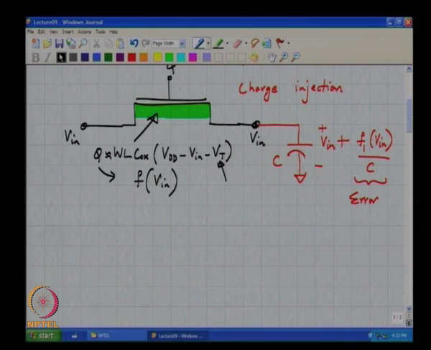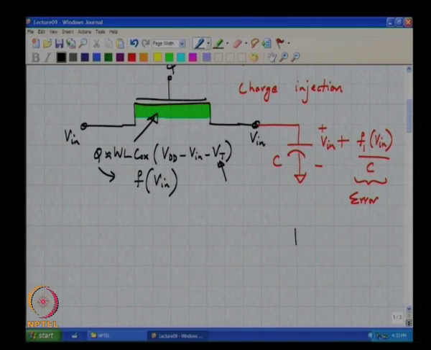So, we know that we cannot use this kind of sampling scheme without incurring significant nonlinearity in the form of charge injection. But we will at a pinch be willing to accept a solution where there is an error, but if that error is either a linear error in the form of a gain error or in the form of offset, then we will not be too worried about it.